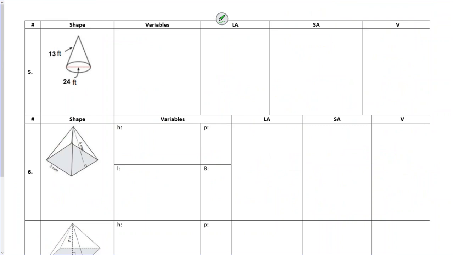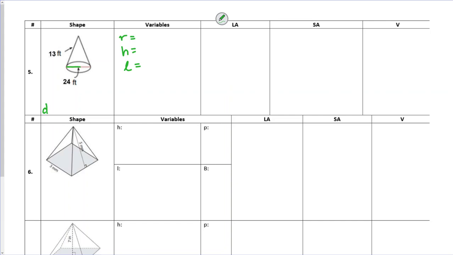Okay, on the back we have another cone and 2 pyramids. So remember, with the cone, we need R, we need H, and we need L. Alright, right now I have a whole diameter of 24, and I just want the radius.